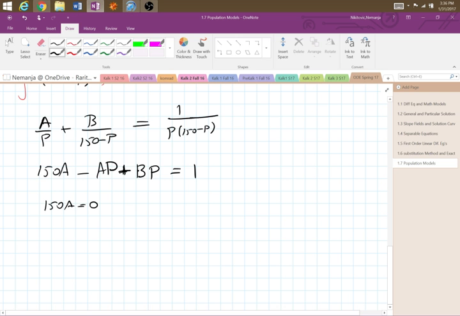Does anyone remember partial fraction decomposition at all? Nope. Do I need to write stuff on the board? I guess I do. I'm just going to write the formulas.